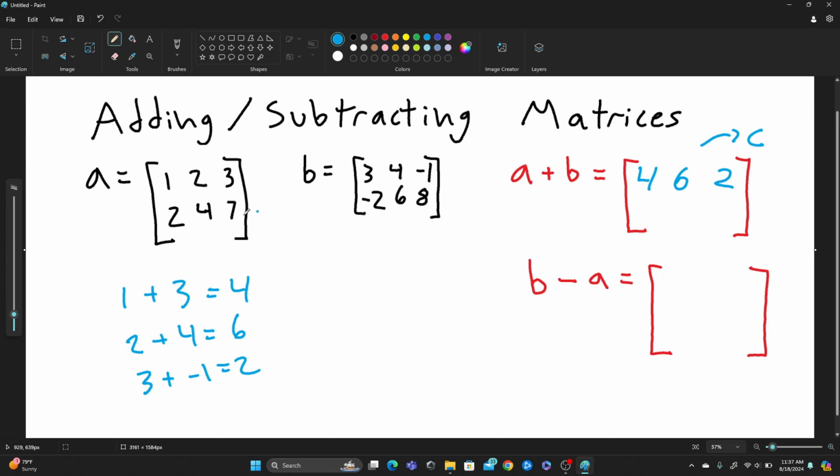So now we're going to continue down and do 2 plus -2, which is the same as 2 minus 2 equals 0. So we're going to write 0 right here. And then 4 plus 6 equals 10. So we're going to put 10 right here.